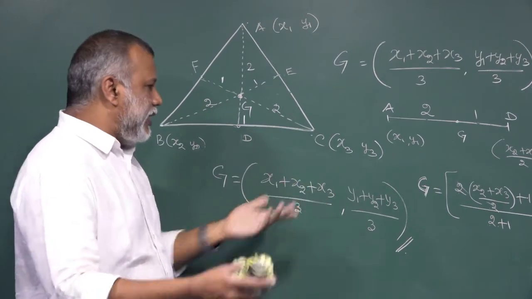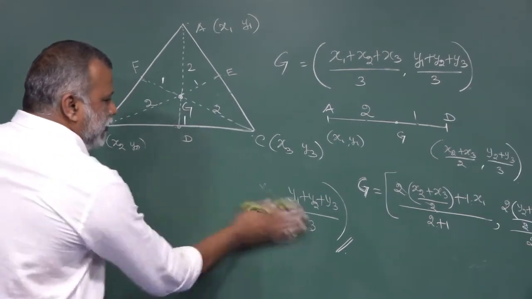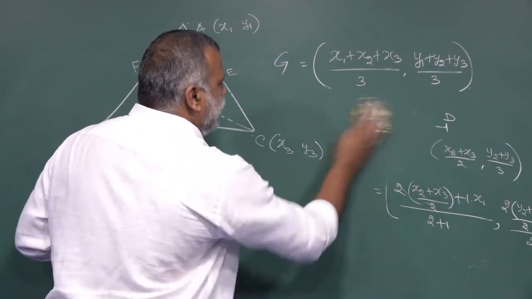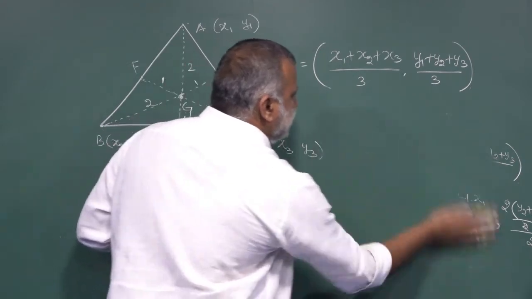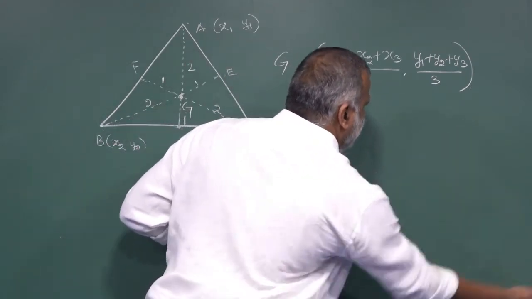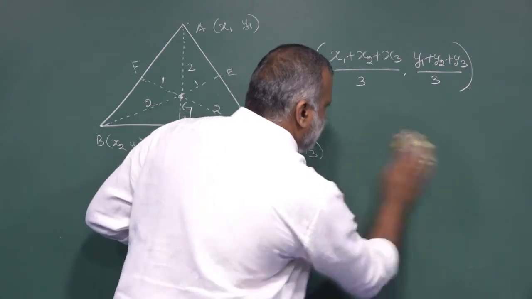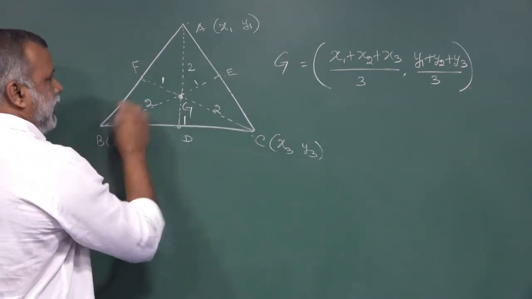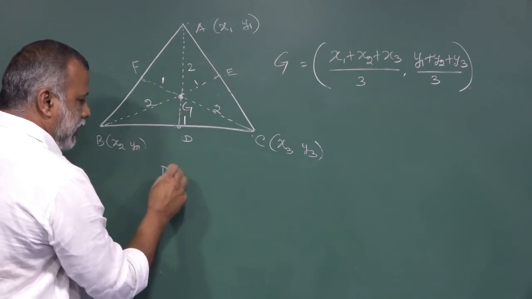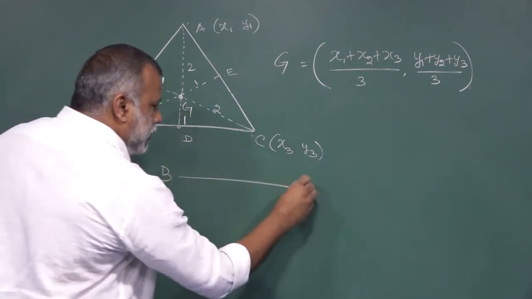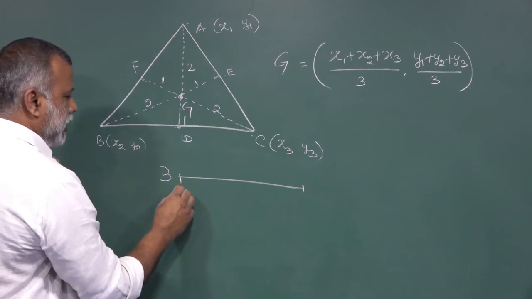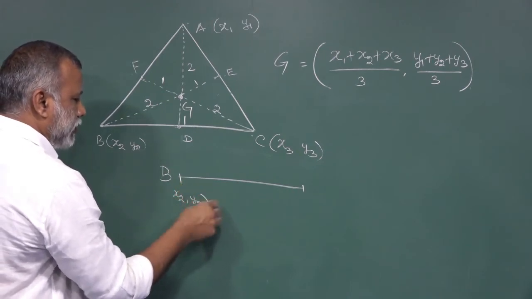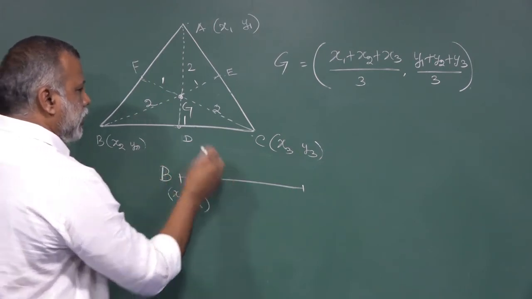In the same way, dear students, you try yourself. With the same logic, see here BE. Now I am drawing the line BE. B is x2, y2.